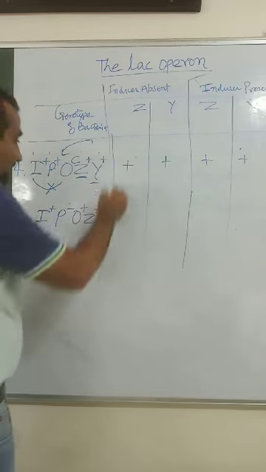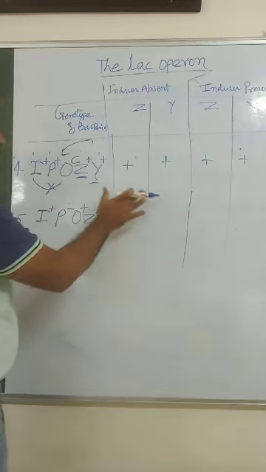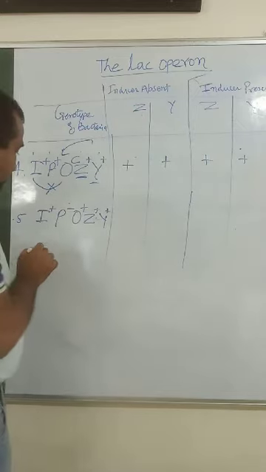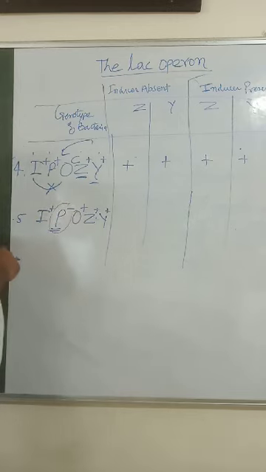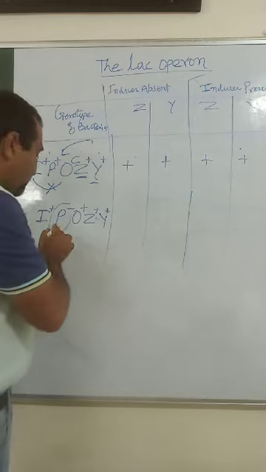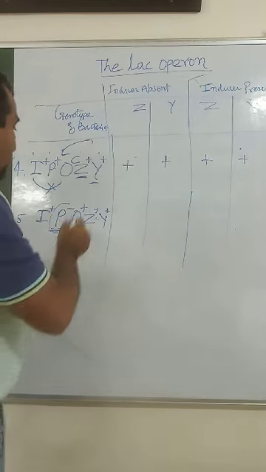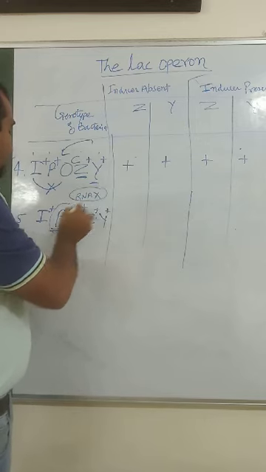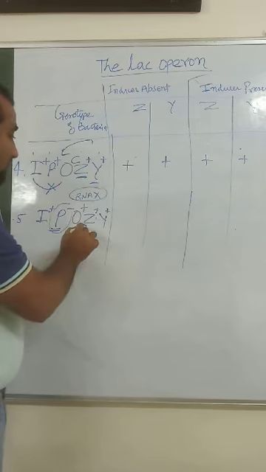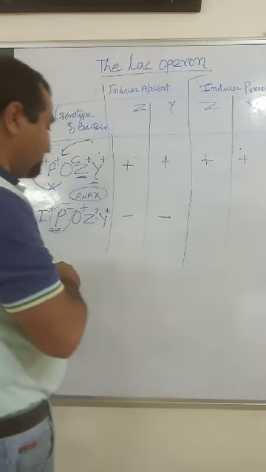Listen here, and in absence of inducer, look here carefully, that this time there is mutation on promoter site, and if a promoter site has a mutation, then RNA polymerase cannot bind on promoter, and there will be no transcription of these genes.